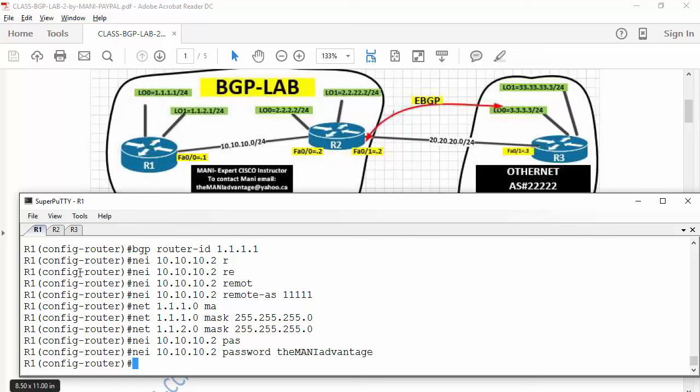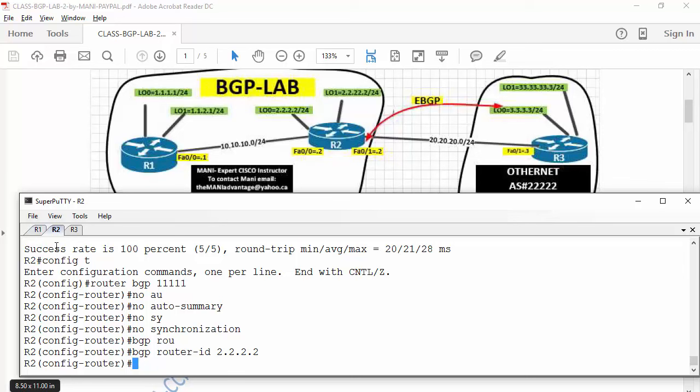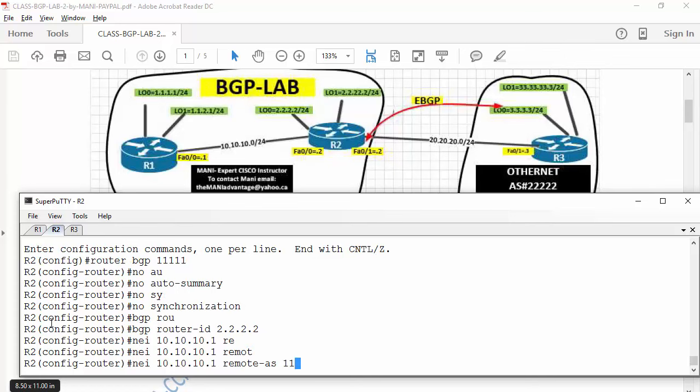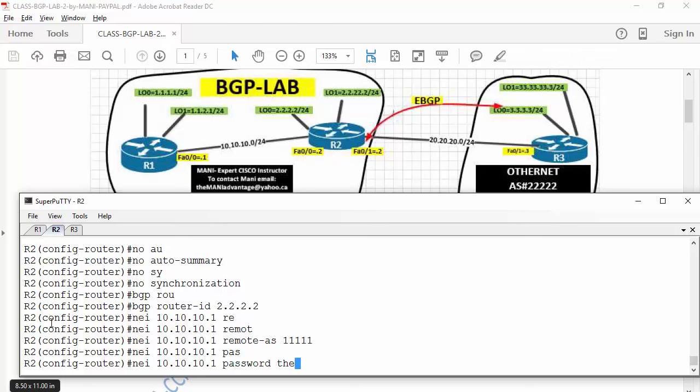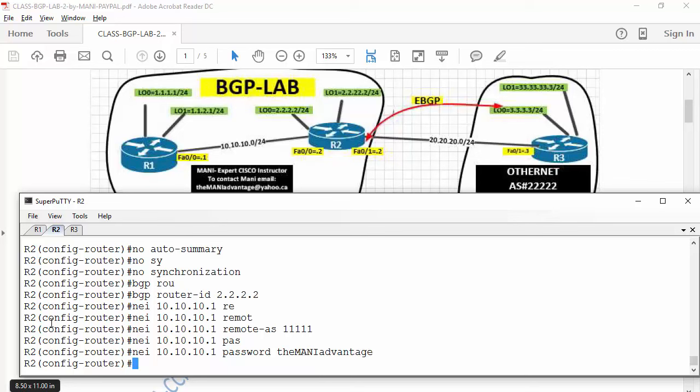Okay, so let's go to router 2. Neighbor 10.10.10.1 remote AS 11111. Now I have to type the password: the many advantage. If you're not sure, you just copy from the previous lab. So I have done the password.